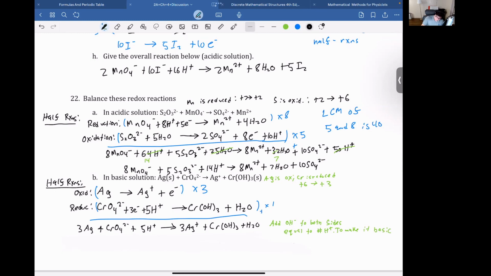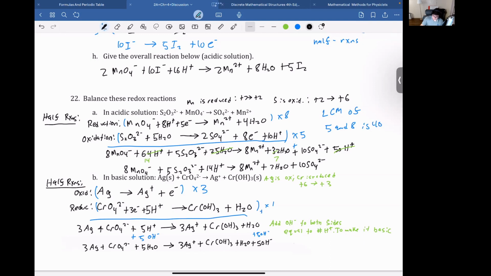Now we go ahead and do this. So if I add OH minus, sorry, to both sides, plus 5 OH minus to both sides, then I get 3Ag plus CrO4 2 minus plus 5H2O yields 3Ag plus Cr(OH)3 plus H2O plus 5OH minus.